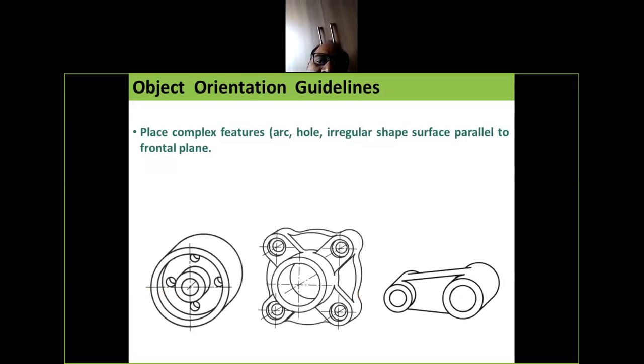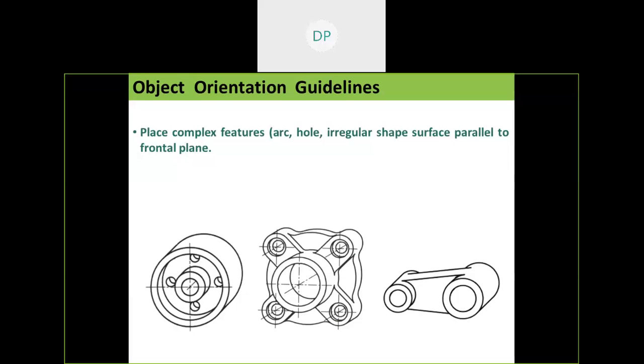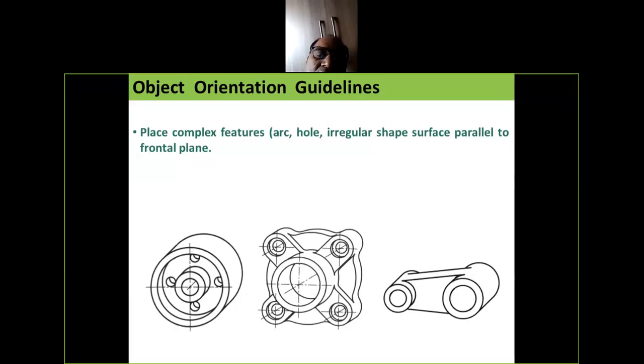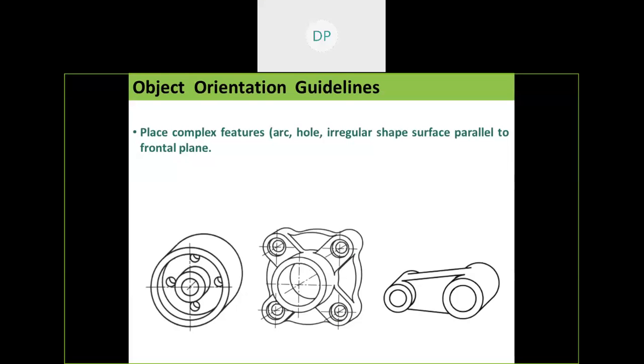Now, object orientation guidelines. These are the guidelines for how an object is oriented. First, place complex features. In case of orientation guidelines, any object's complex features, like arcs, holes, irregular shapes, are placed parallel to the frontal plane.